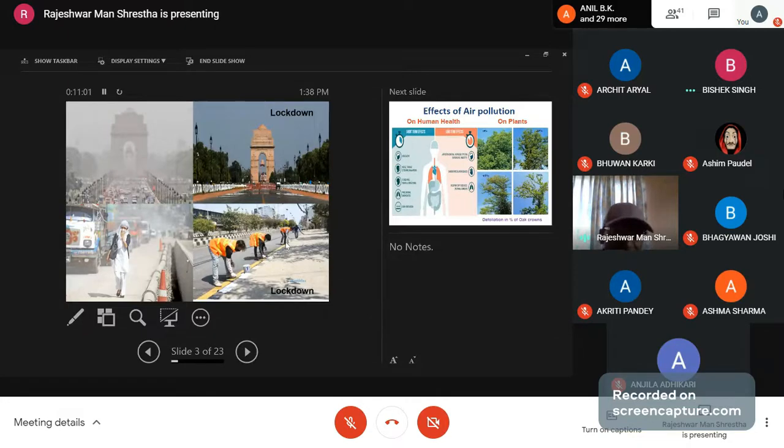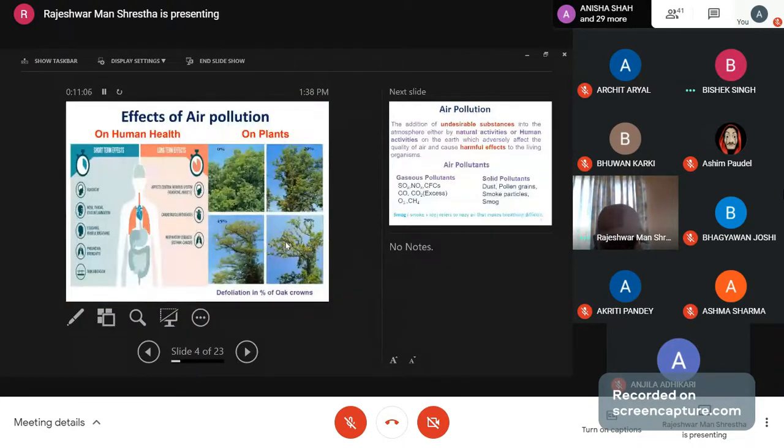Natural activities are automatically banned, and the air pollution, if containing these unwanted chemicals, will affect human health and also plants. Short-term effects on human beings are headache, pain in the nose, throat, and eyes.